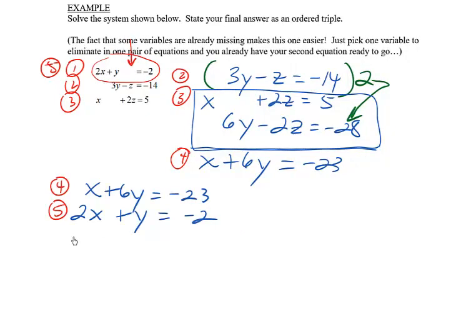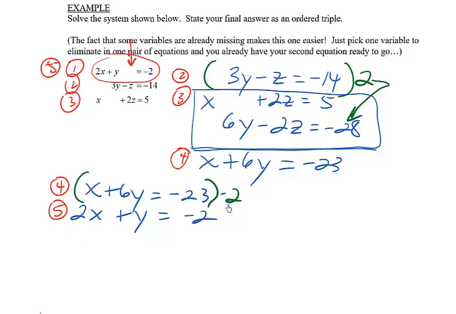Okay, now I need to eliminate another variable. Neither one is really that great. I guess the x's have smaller numbers, so maybe I'll focus on the x's. I'm going to have to do a multiplication trick. Negative 2 would work, so that I can turn that x into a negative 2x.